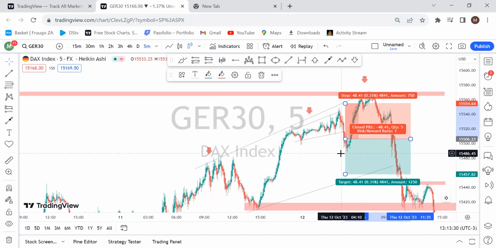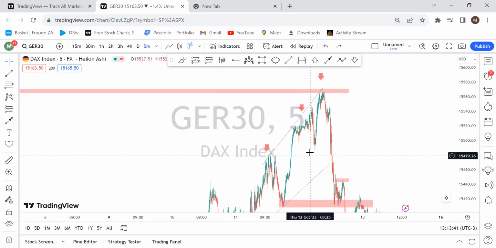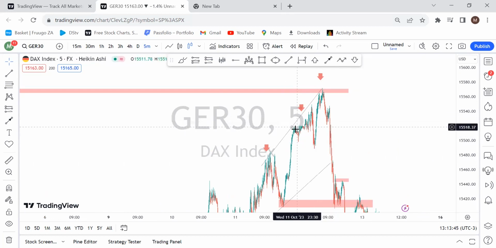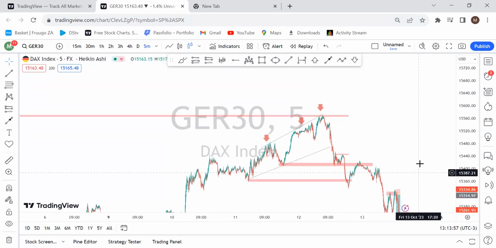It went back up for the third touch. Touch number 3 always has the highest probability. So you must always look out for that. Because this is a good example of the second touch failing. Even though you had a nice correction, down movement, a nice breakout, nice candlesticks, it still went against you.